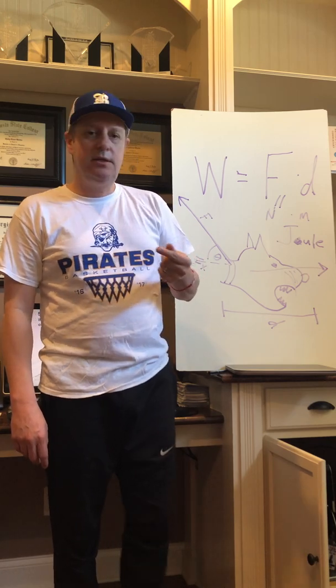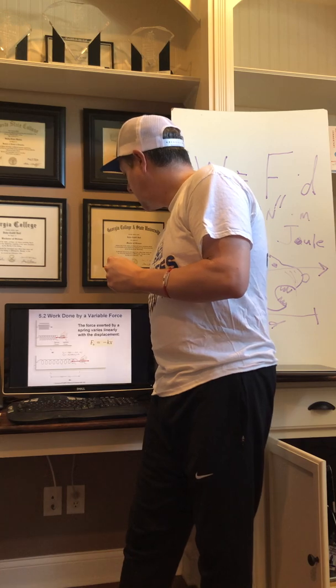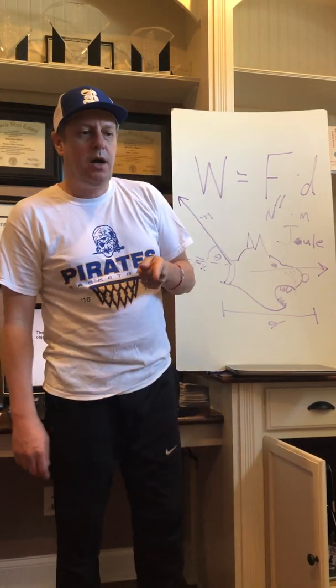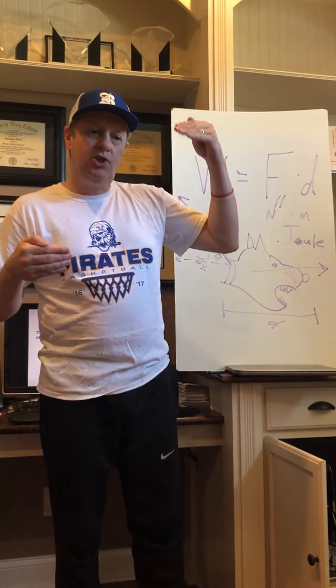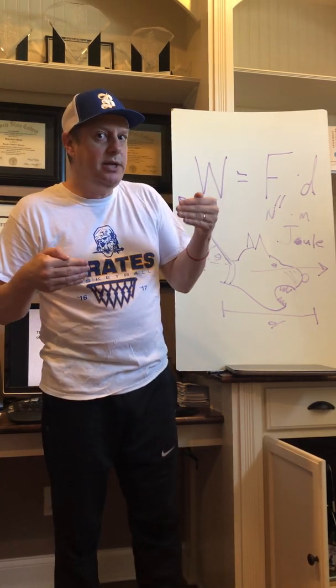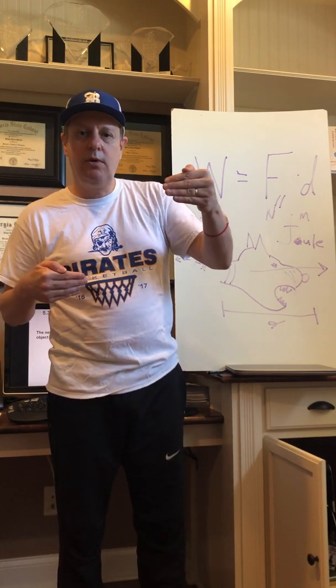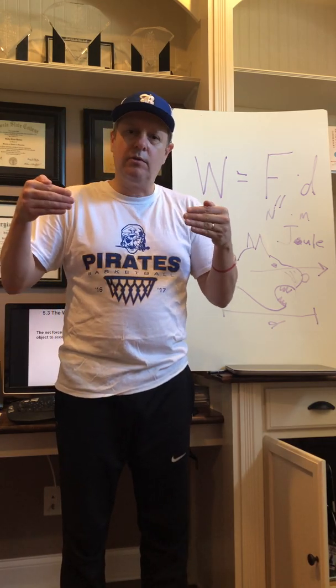I will try to do the next lesson by video. The next lesson should be the work kinetic energy theorem. That relates the amount of net work done on an object to the change in kinetic energy. Kinetic energy, energy of motion. So if an object speeds up or slows down, if it changes kinetic energy, then there's got to be some net work that causes that.